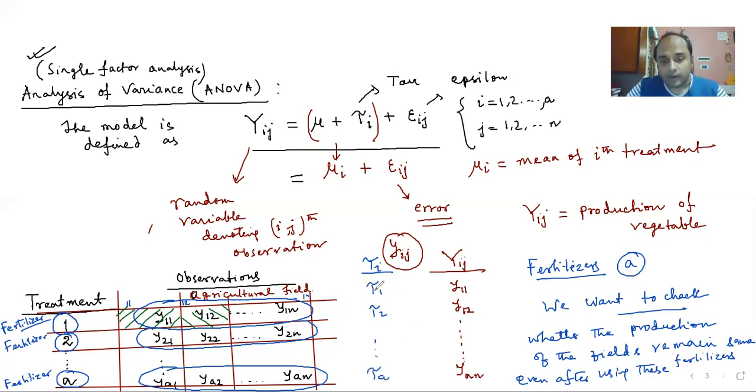If I am using fertilizer a in this particular sub block, will the production of that block increase or not? So how many treatments are there? Only one type of fertilizer has been used, and therefore that analysis is called a single factor analysis.